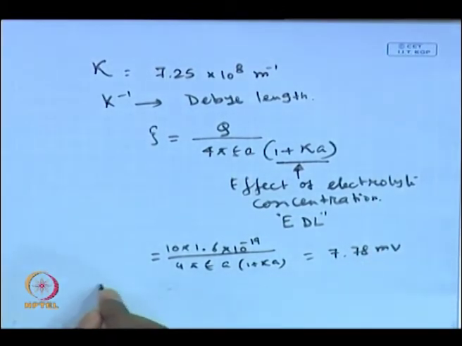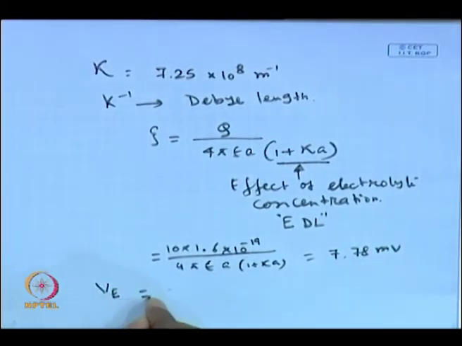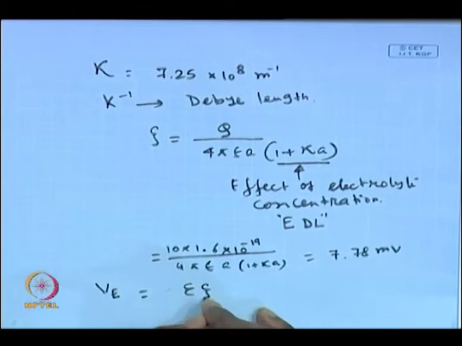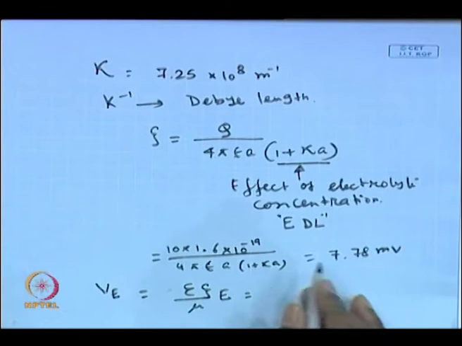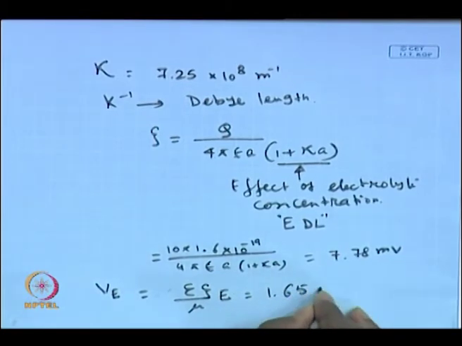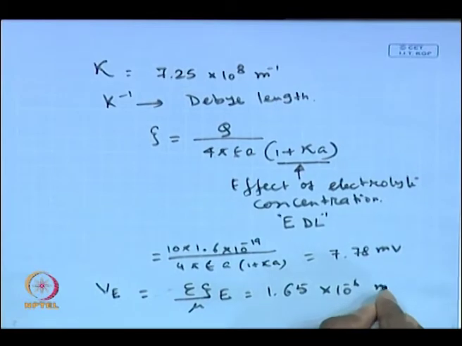And you can calculate VE using the Helmholtz-Smoluchowski equation. This turns out to be epsilon zeta divided by mu times E, where E is 300 volts per meter, the external electric field strength, and it turns out to be 1.65 into 10 to the power minus 6 meter per second.